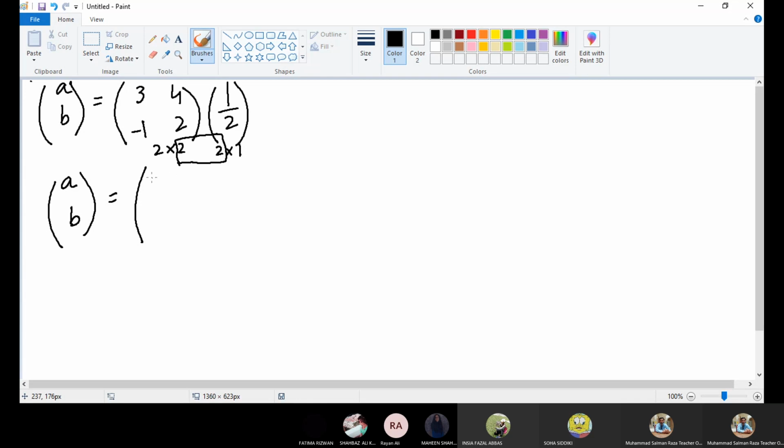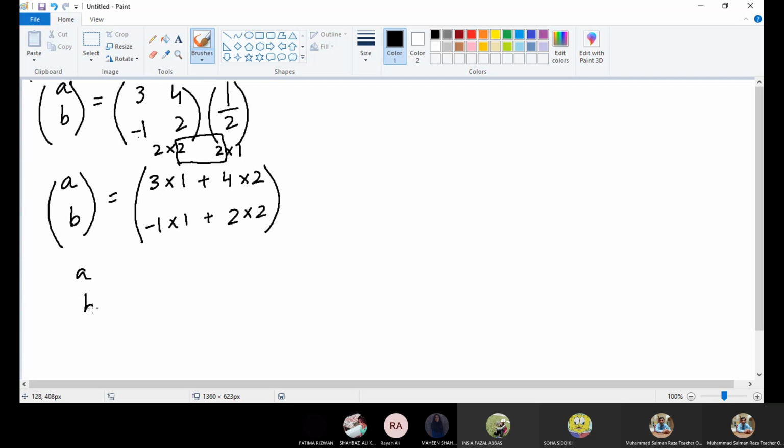So what are we going to do? First row and then first column and then addition sign. Over here we are going to do it like this, and then multiply by 1 plus multiply by 2, copy them down as it is, and then fill it by minus 1 and a 2 over here, which are the members of the second row.